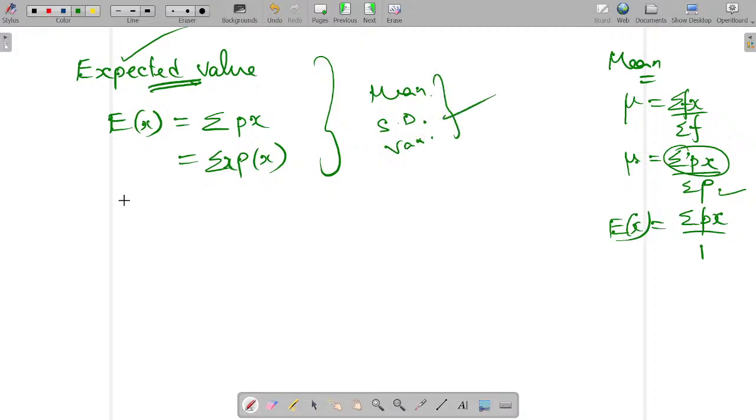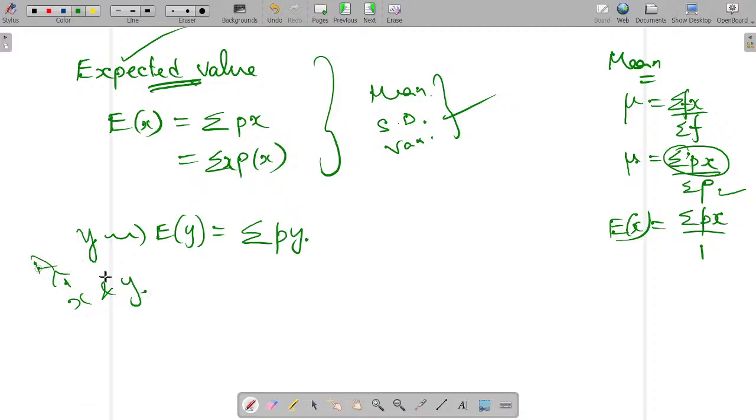Only difference is in case there is another random variable y. Then you define E of y, which is summation py. They say that x and y are independent. X is connected to event A. Y is connected to event B. So what will E of xy be? For events, A and B means A intersection B. But X is a number, Y is a number.